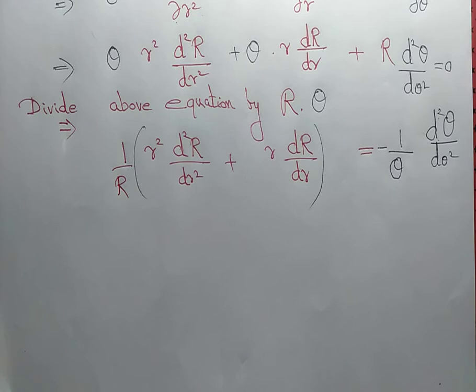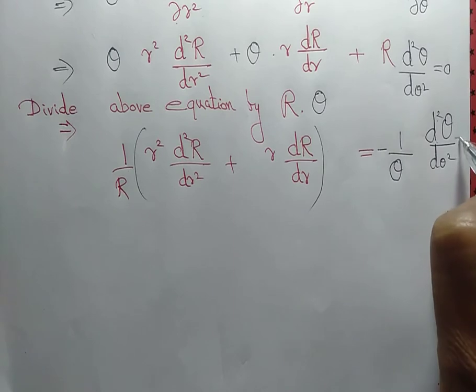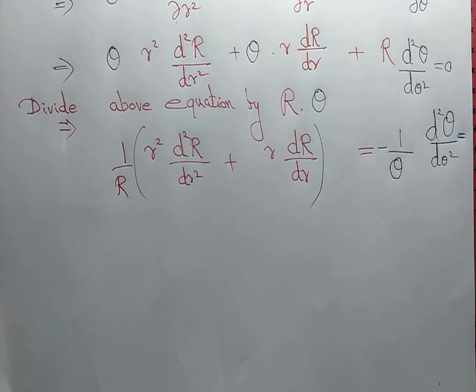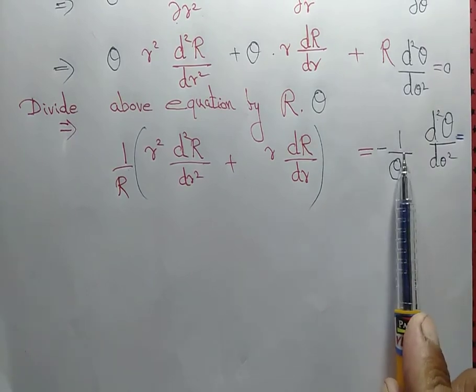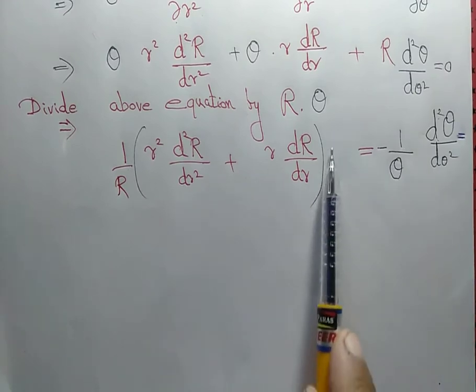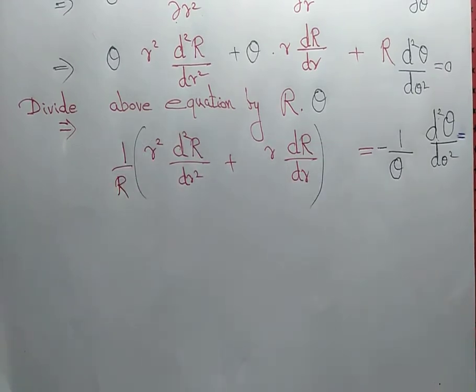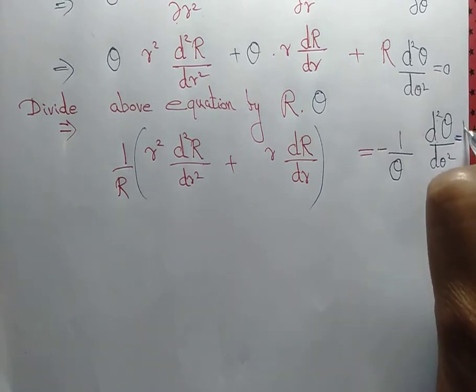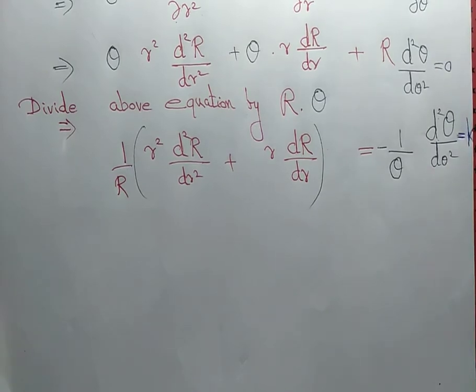It must be a quantity that is independent not just of r but also of theta. That must be independent of r because of the right hand side, and independent of theta because of the left hand side. So it must be a quantity that is independent of both r and theta. Let it be k.